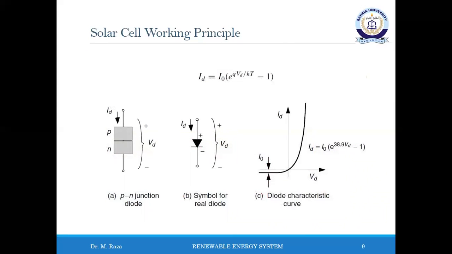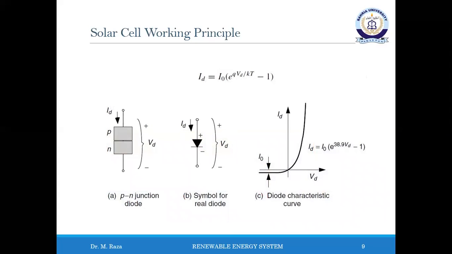But if we try to send current in the reverse direction, only a very small reverse saturation current will flow. This reverse saturation current is the result of thermally generated carriers, with the holes being swept into the P side and the electrons into the N side. In the forward direction, the voltage drop across the diode is only a few tenths of a volt.